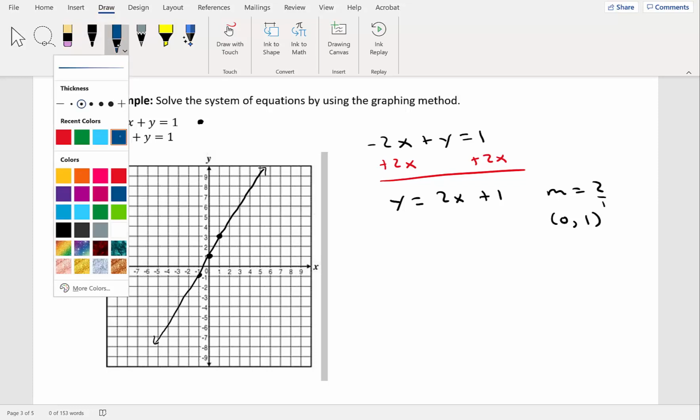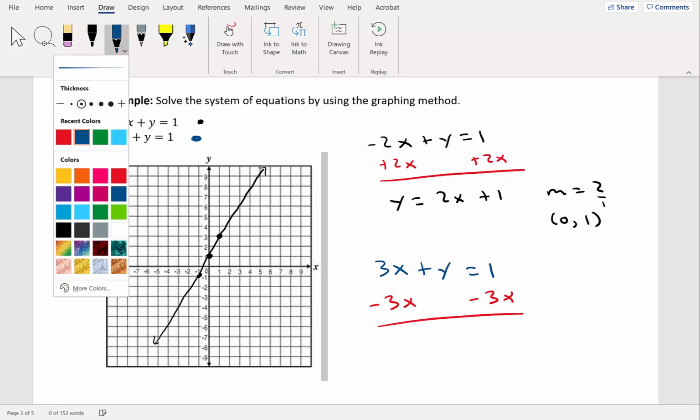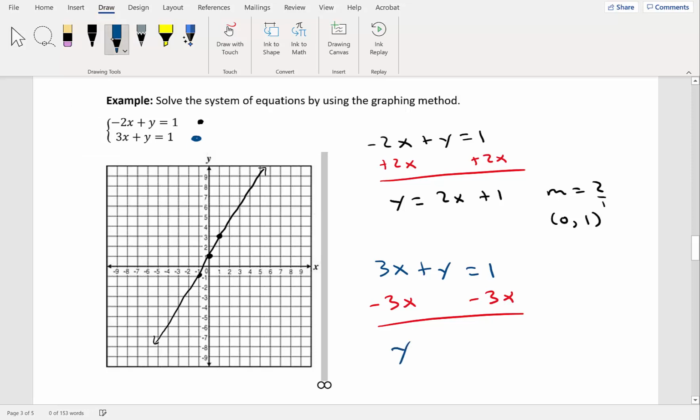Now let's take a look at this next equation. I have 3x plus y is equal to 1, and I want to graph this as well. Let's get y by itself, into slope-intercept form. I'm going to subtract 3x from both sides. I get y is equal to negative 3x plus 1.